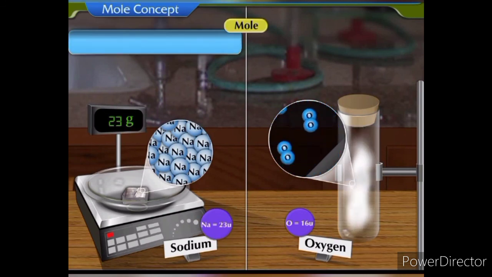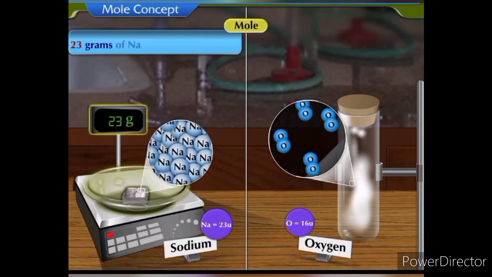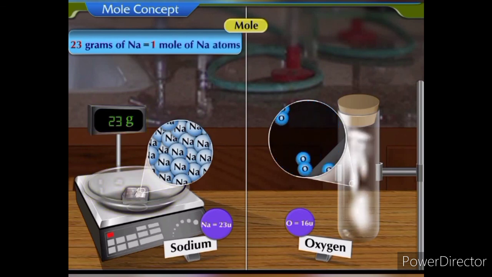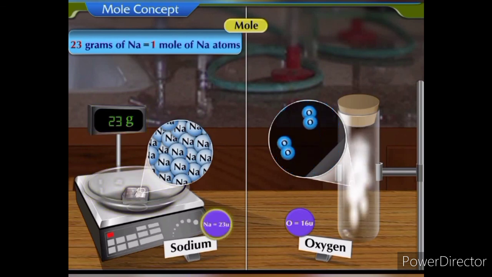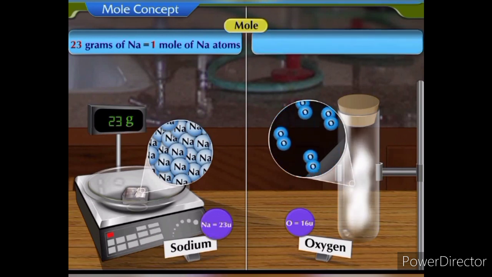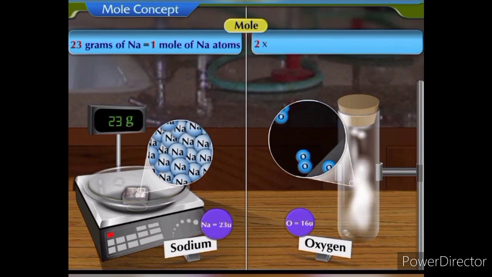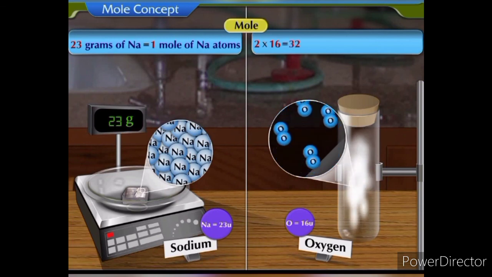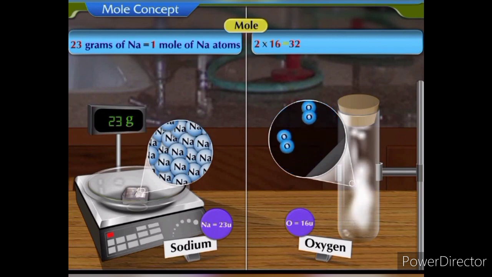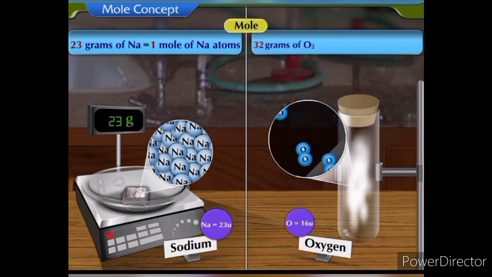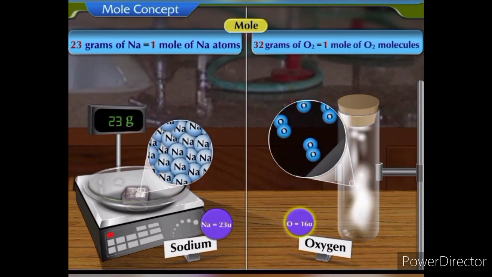Therefore, 23 grams of sodium is equal to 1 mole of sodium atoms. Similarly, the molecular mass of oxygen is 2 multiplied by the atomic mass of oxygen. This is equal to 2 multiplied by 16 equals 32. So, 32 grams of oxygen is equal to 1 mole of oxygen molecules.